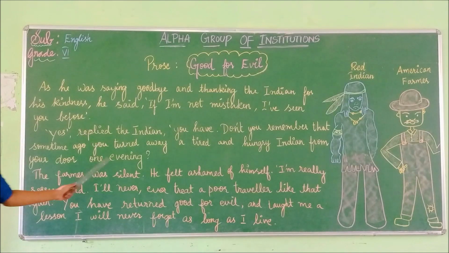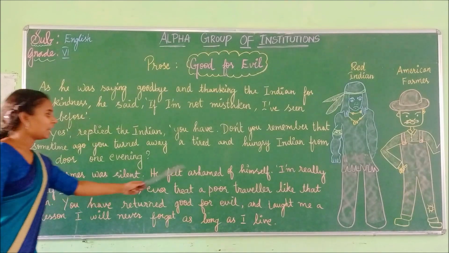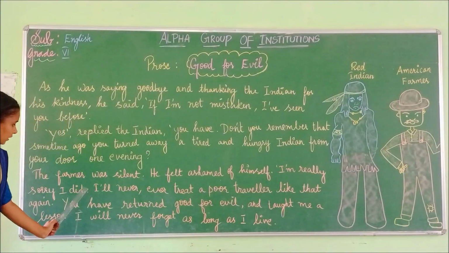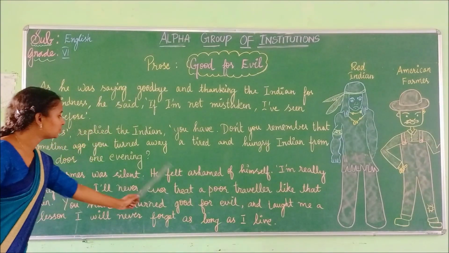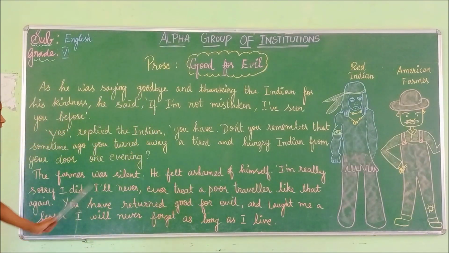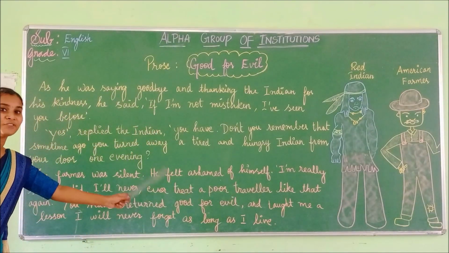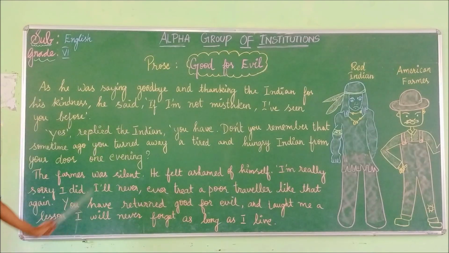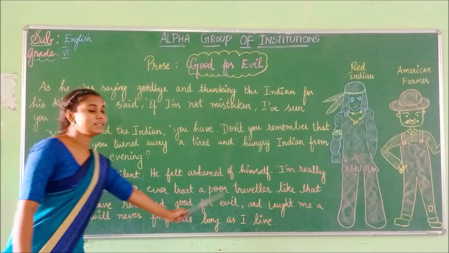The farmer was silent. He felt ashamed of himself. "I'm really sorry I did. I'll never ever treat a poor traveler like that again. You have returned good for evil and taught me a lesson I will never forget as long as I live."